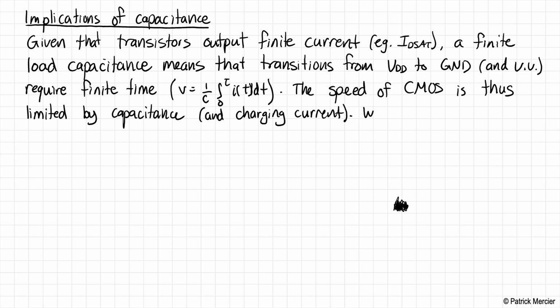Now, there's a bunch of different ways we can use to make models, to predict speed, and so on. We're going to discuss a bunch in this class, but we often idealize, just for simplicity, charging in digital CMOS circuits using an equivalent resistance.